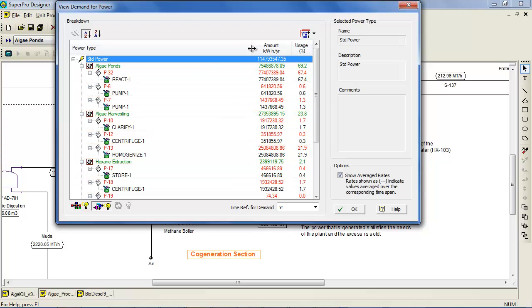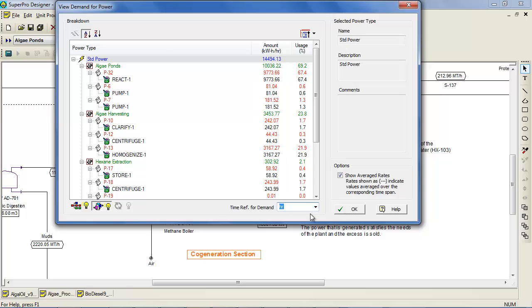To see the instantaneous power demand, I will change the Time Ref for Demand option at the bottom of this dialog to Hour. This provides the power demand in kilowatt hours per hour, or simply kilowatts. In this case, the instantaneous demand is 14,500 kilowatts, or 14.5 megawatts.